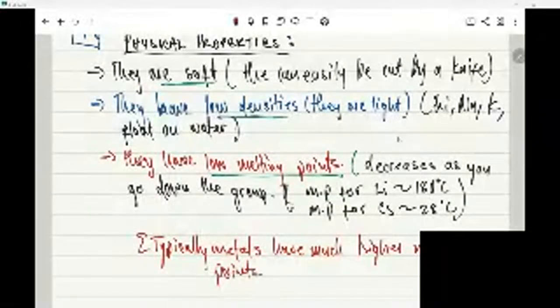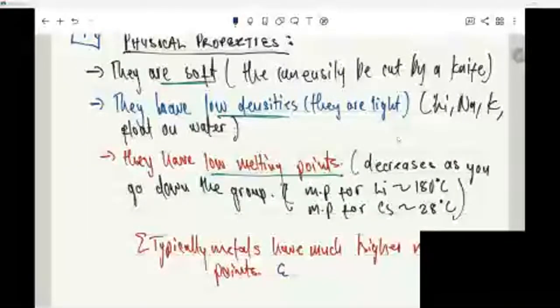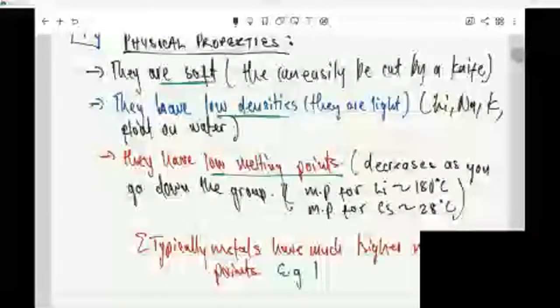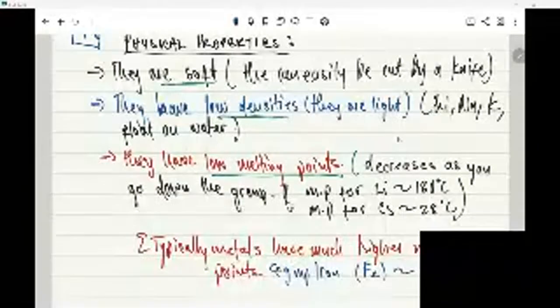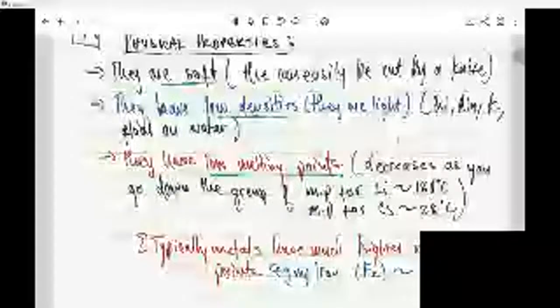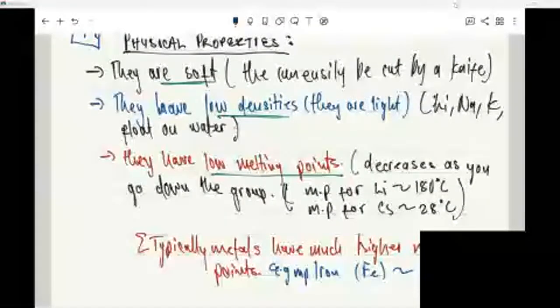For example, the melting point for iron, Fe, is approximately 1,540 degrees. Make sure you remember this. That's huge. So for a metal with only 28 degrees, that's low.